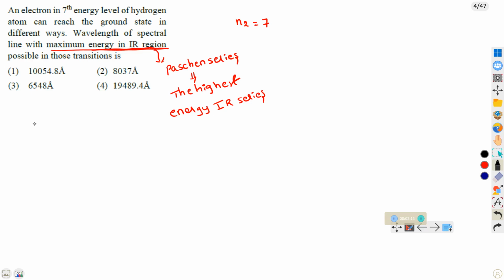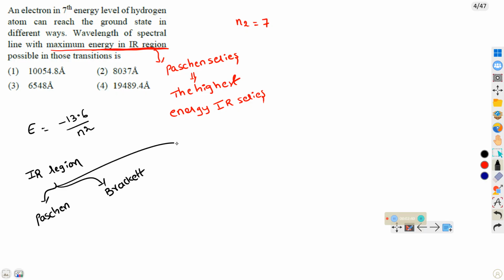How? Energy is calculated by using the formula minus 13.6 by n square electron volts per atom. In the IR region, 3 series are possible. One is Paschen series, second one is Brackett series, third one is Pfund series. Paschen series, n value is equal to 3.